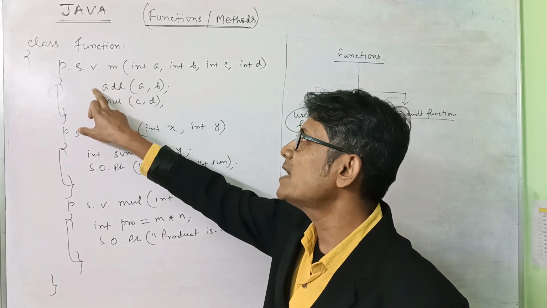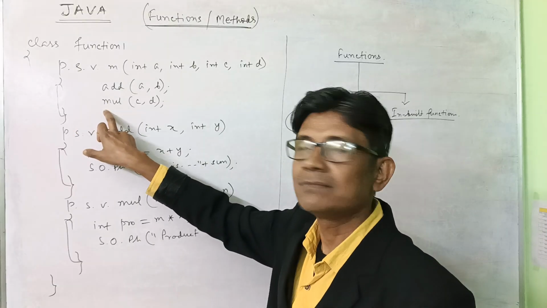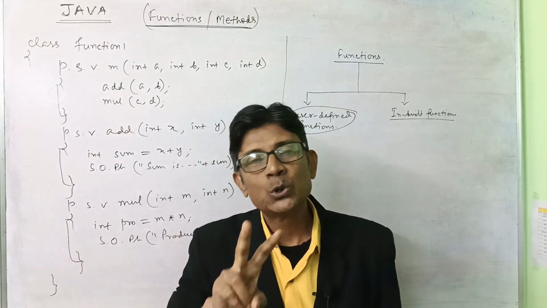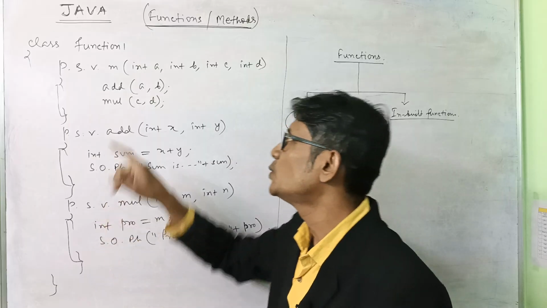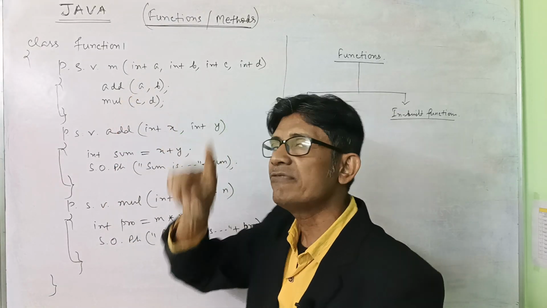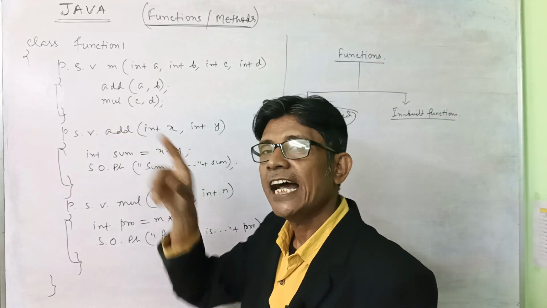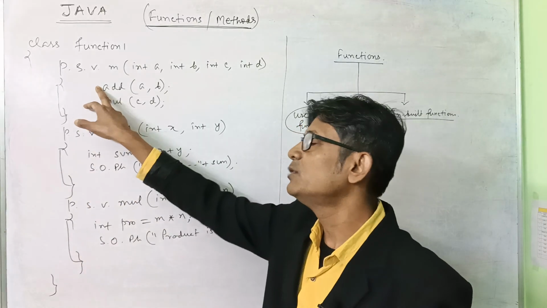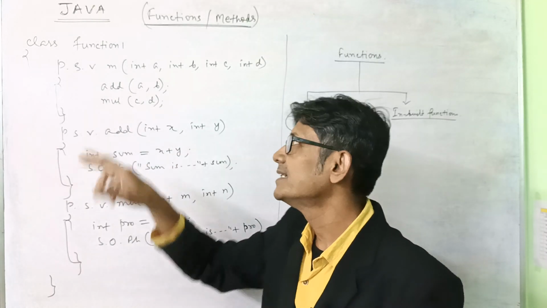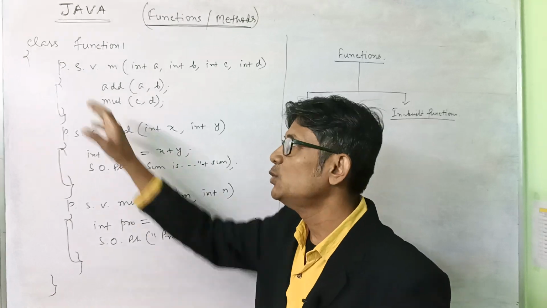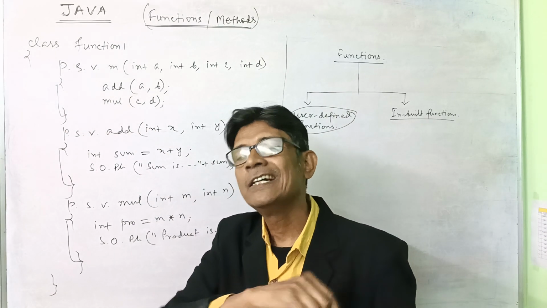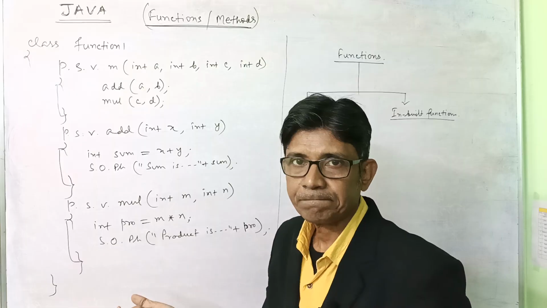Under me 2 students are working, add and multiplication. I am giving 2 different numbers to one student, another 2 different numbers to the other student, and I am telling the first student you do the addition work, and you do the multiplication work. You go outside of my room and do the work and then come back.